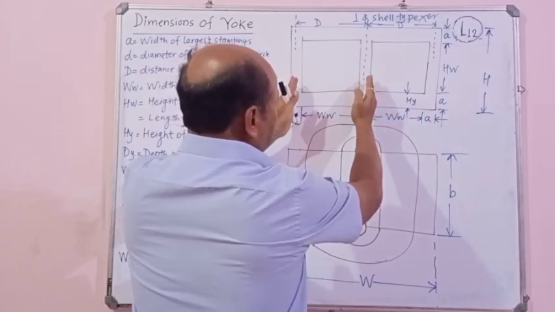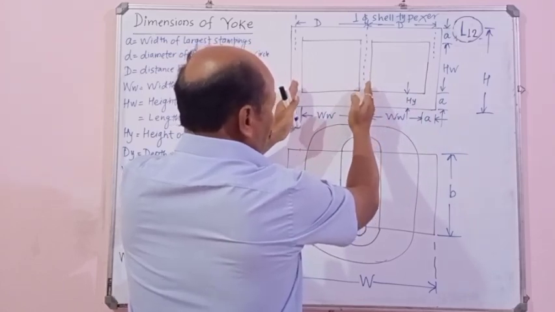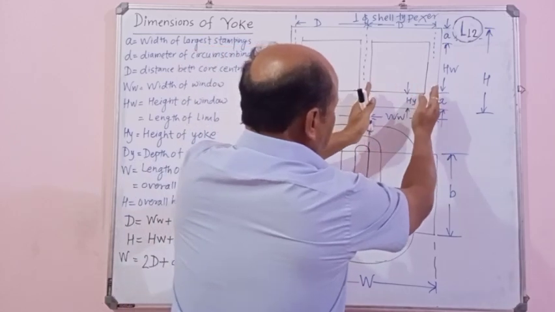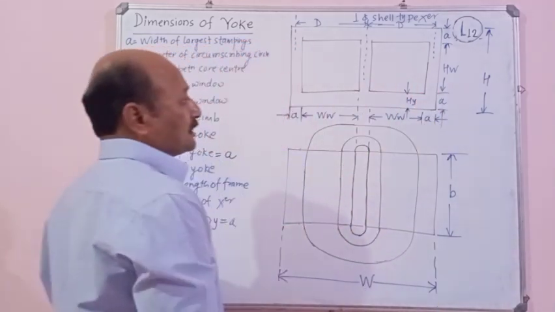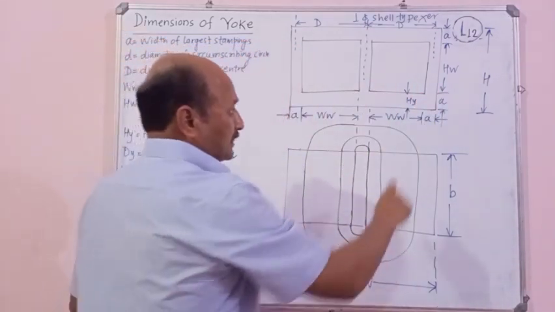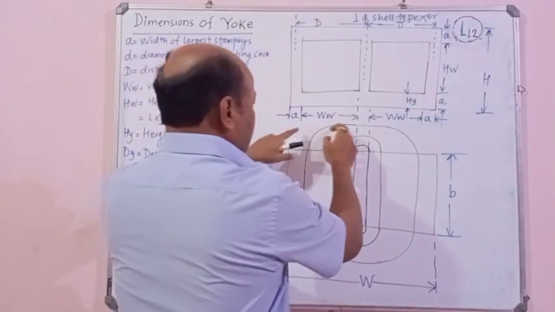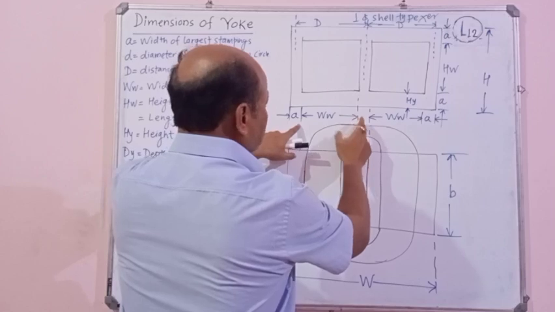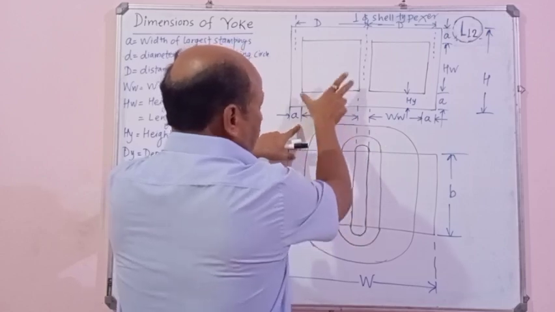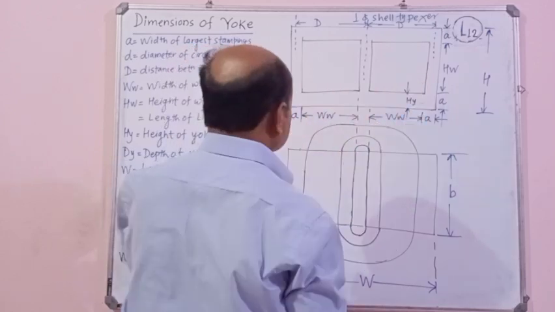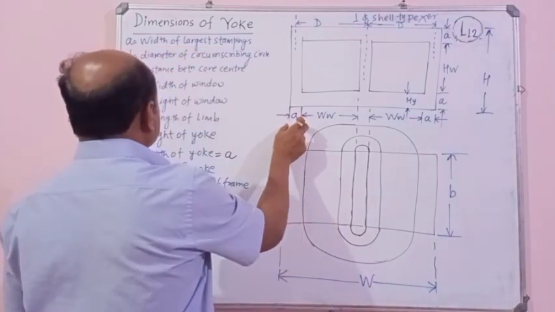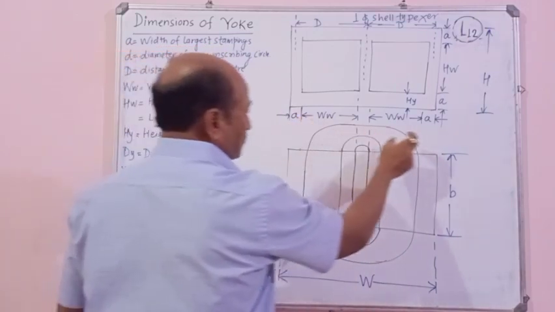So the center to center distance between the cores is D, and this center to center distance between the cores is D. Then this one is the height of the window. Then Ww, that is the window width, window width for the first one and window width for the second one. Then A, that is the area of the circumscribing circle.